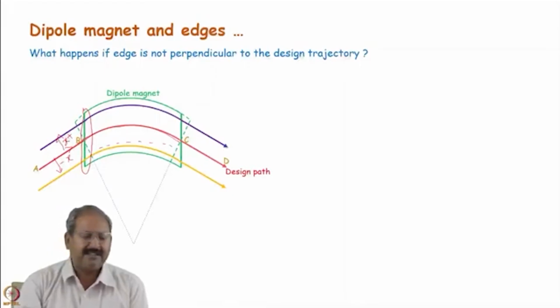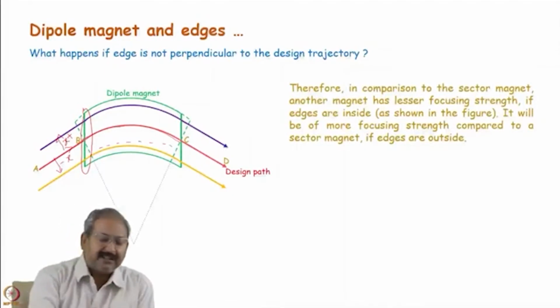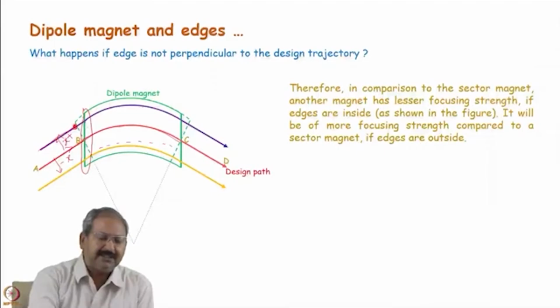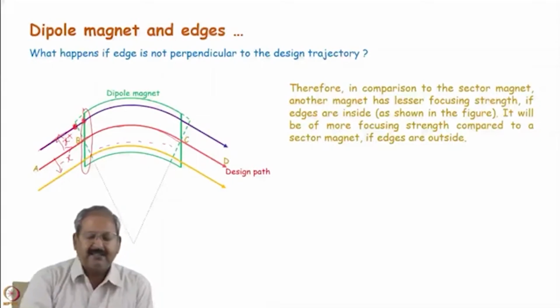Why? We can see very easily here that in the case of the sector magnet this trajectory starts bending from here, but in the case of this orientation of the magnetic edge it starts bending from here. So in this case at the exit also bending stops here, while in the case of the sector magnet bending was taking place up to this point.